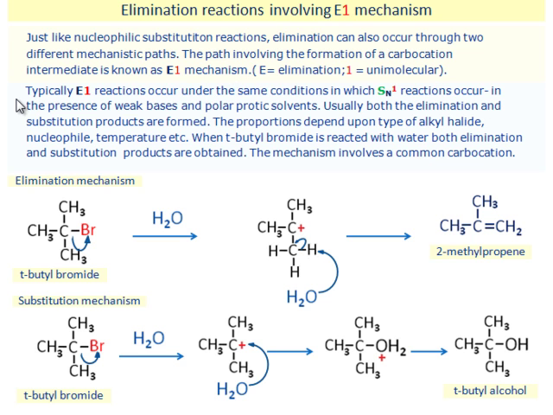Typically, E1 reactions occur under the same conditions in which SN1 reactions occur, in the presence of weak bases and polar protic solvents. Usually, both the elimination and substitution products are formed. The proportions depend upon the type of alkyl halide, nucleophile, temperature, etc.